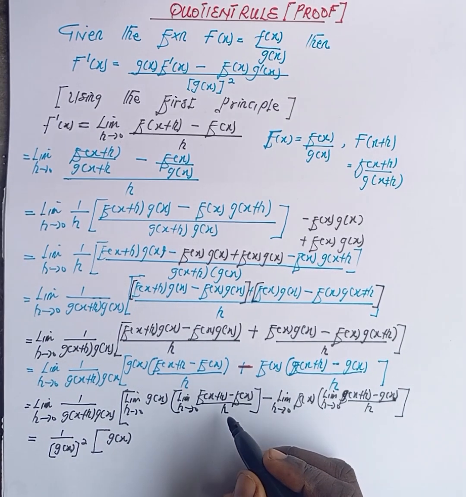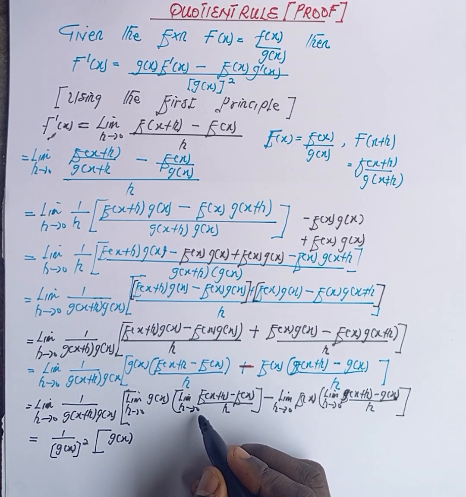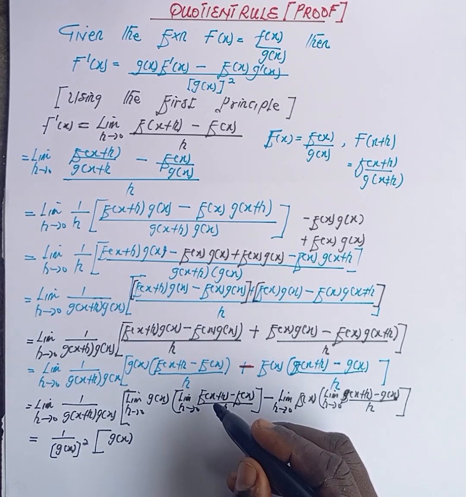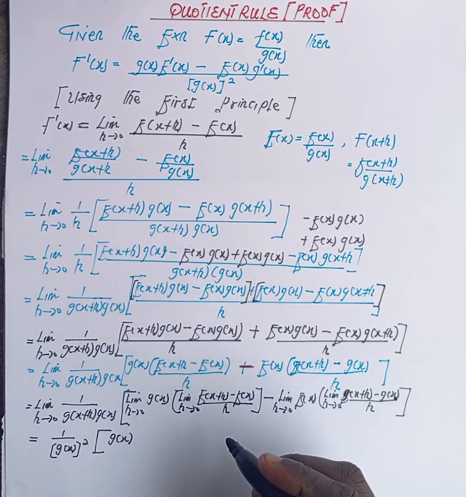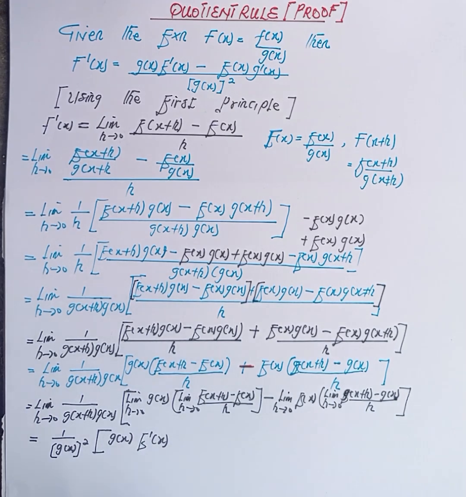Now this very part too, we can see that the limit of this function as h is approaching 0 is the first derivative from the first principle of the function f. So we can write it in the form of f prime at x. Good. Now we have our minus here.